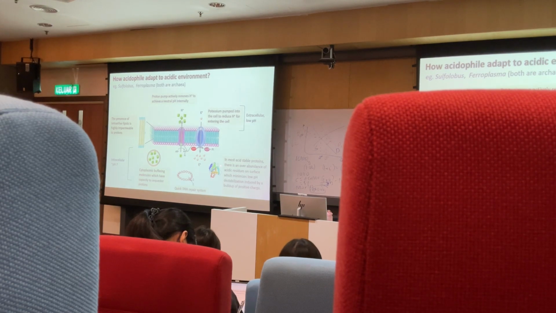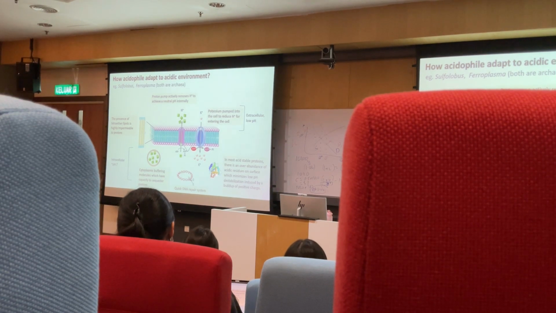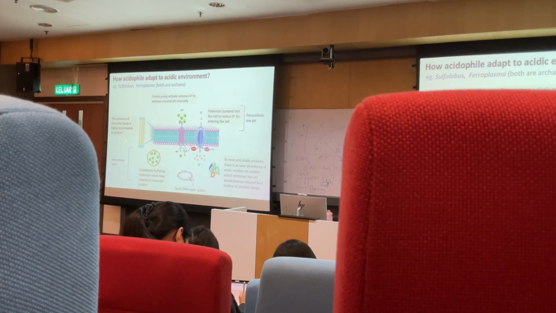Because hydrogen is positively charged, if the surface has more positively charged amino acids, it can likely cause the protein to aggregate. So if they place acidic amino acids, which are negatively charged, on the surface, they can make ionic interactions with the hydrogens, which stabilizes the structure of the protein. Alright, I think more or less that's all that has been mentioned.